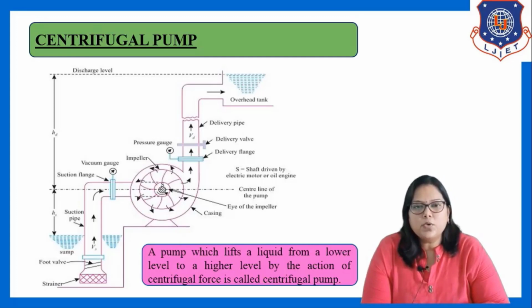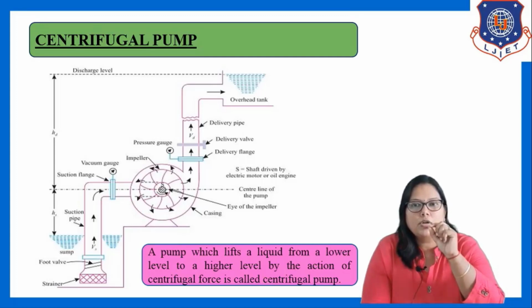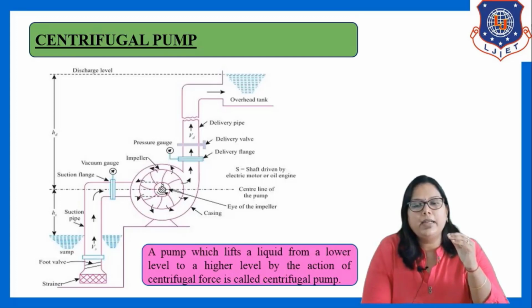Now in the working mechanism, at the start of the pump, we close the delivery valve. You can see the delivery valve which is installed in the delivery pipe. At that time, when the delivery valve is closed, we supply power to the casing. What will happen?